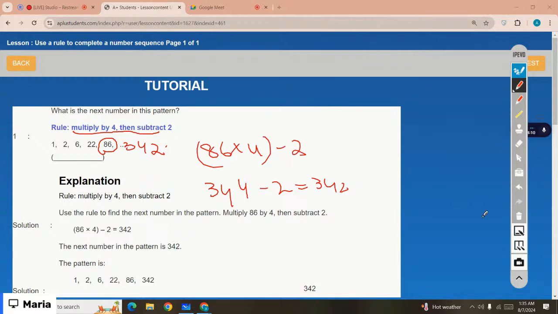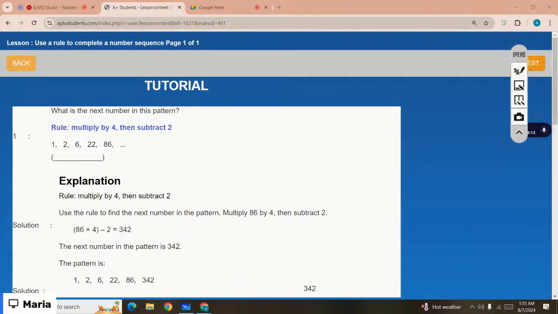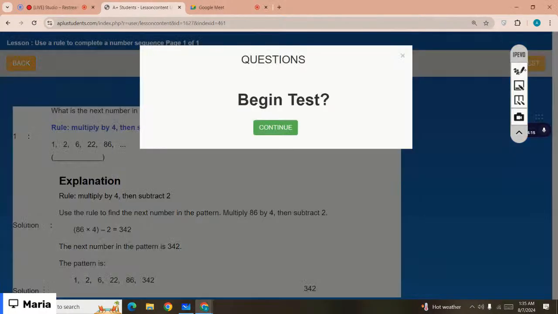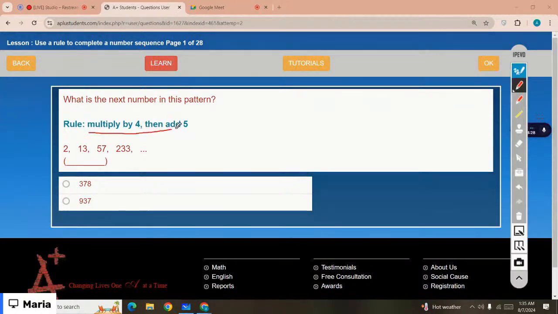Okay, let's just start with the test questions. What is the next number in the pattern? 2, 13, 57, 233. So you are given the rule. You have to multiply by 4 and then add 5. So multiply this number by 4, 233 times 4, and add 5.